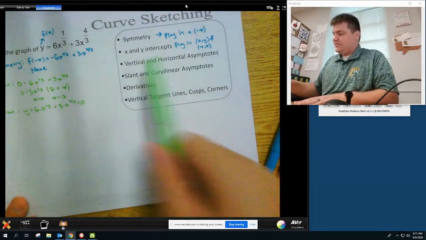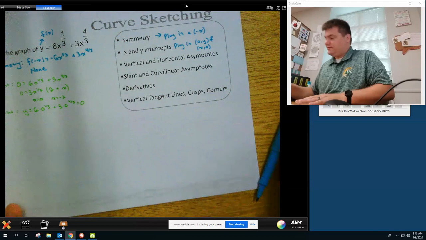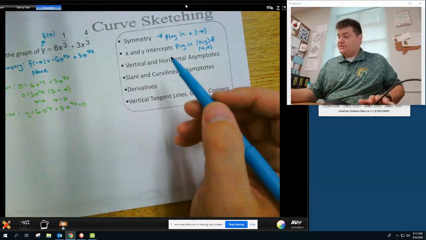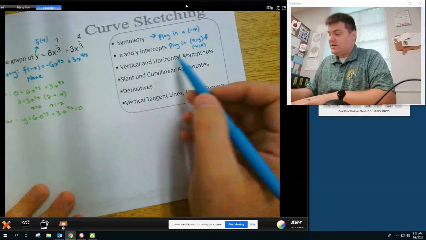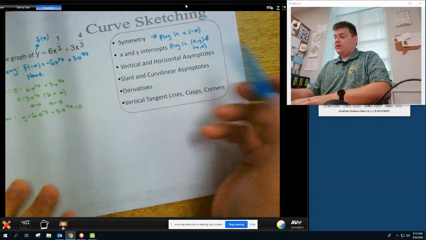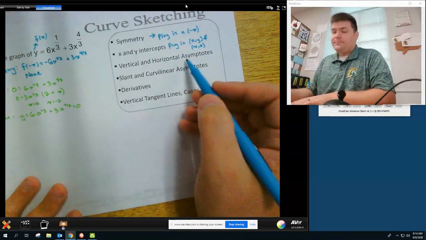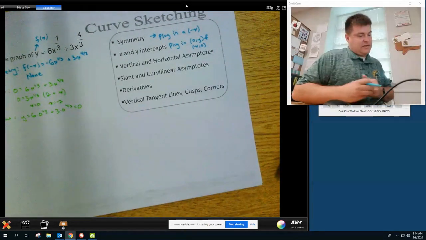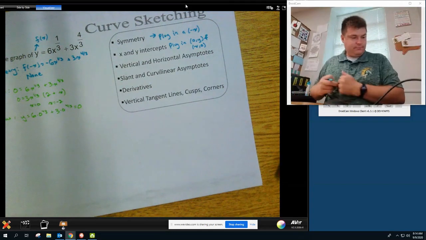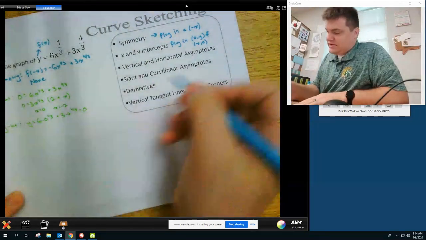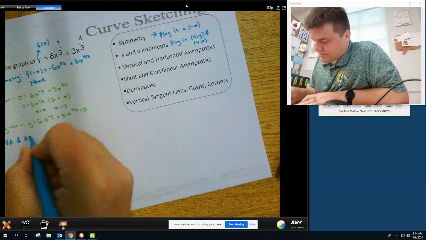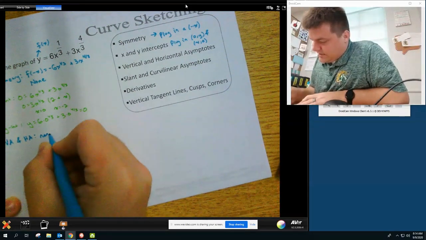Let's go on and talk about horizontal and vertical asymptotes. We've done the definitions of those before: those are when we find the limit as x goes to infinity, or the limit as x goes to some number and it equals infinity. So for VA and HA, there are none.